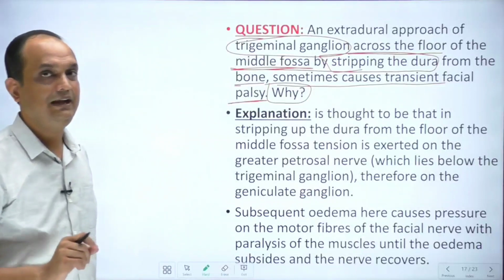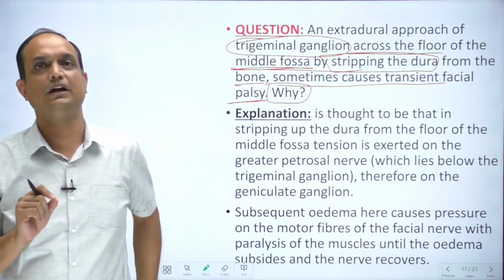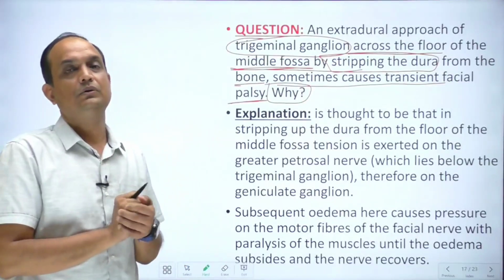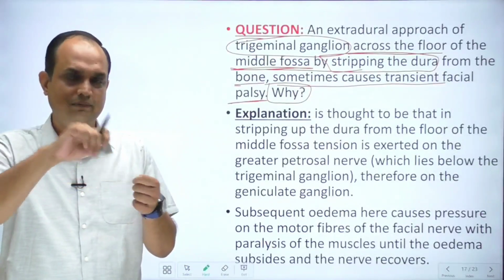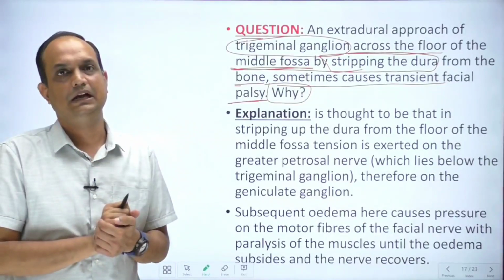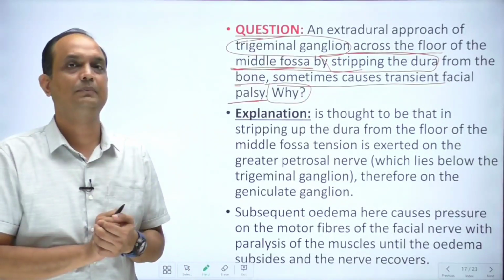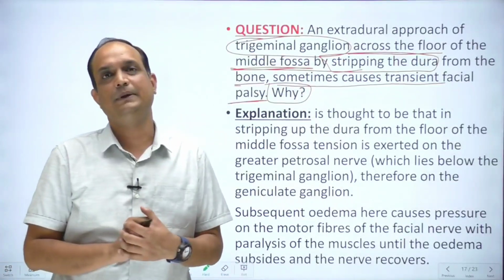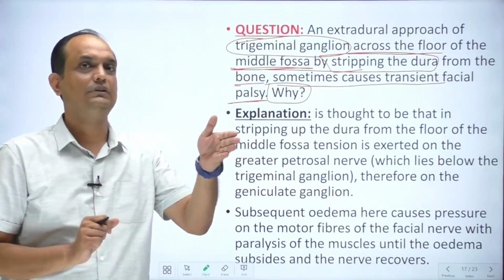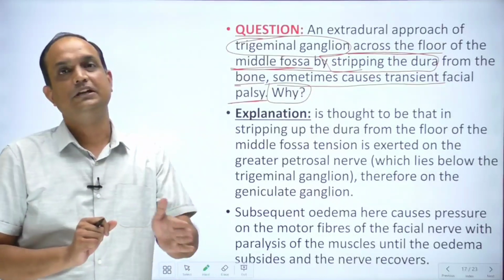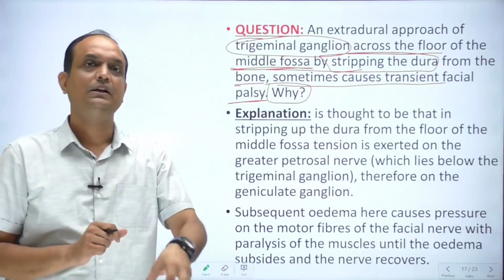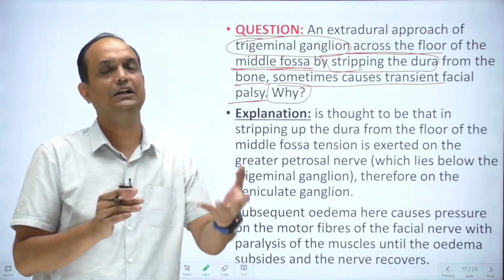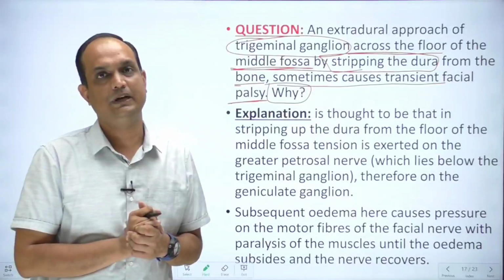The thought is that, I told you the relation which is important, that when you are actually manipulating the dura mater, you are giving traction to the trigeminal ganglia, and below the trigeminal ganglia there is a greater petrosal nerve. So ultimately the traction is also passing to the greater petrosal nerve. Through the greater petrosal nerve, the traction will pass to the geniculate ganglia, and from there it ultimately causes the edema in the neural sheath and leads to the transient facial nerve palsy.